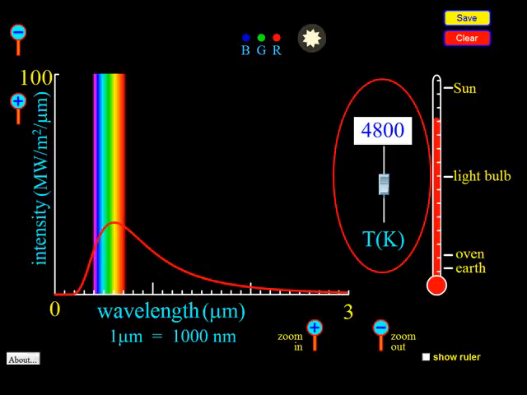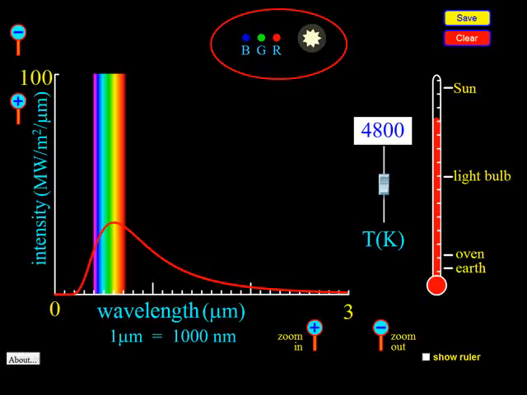On the right-hand side, there's an indication of temperature, in Kelvin. You can either type in a number, or you can use the slider to increase or decrease the temperature. To the right of that is a thermometer that gives you the relative temperatures of different objects: the sun, a light bulb, an oven, and the earth.